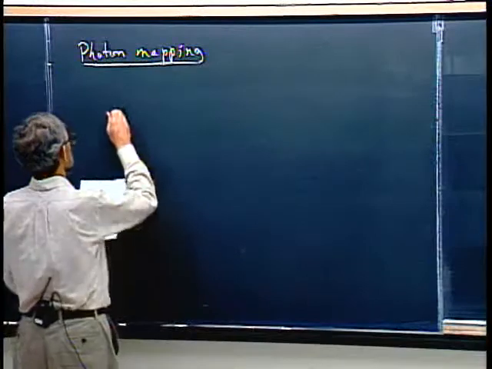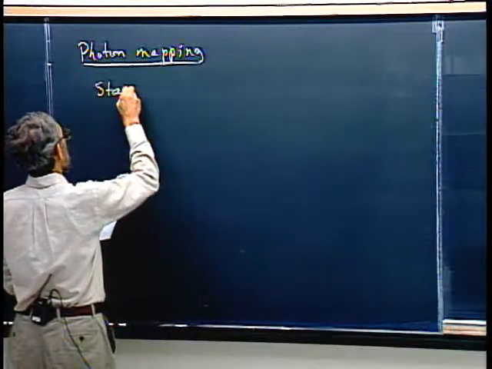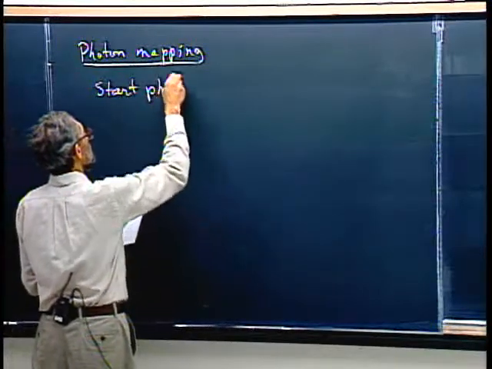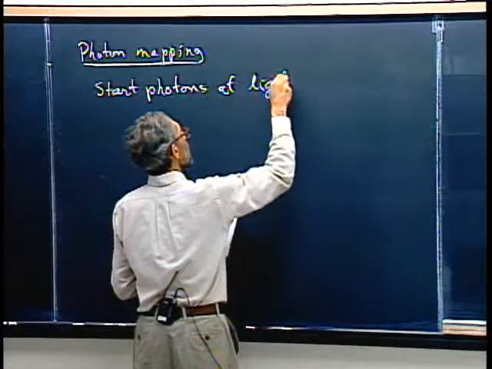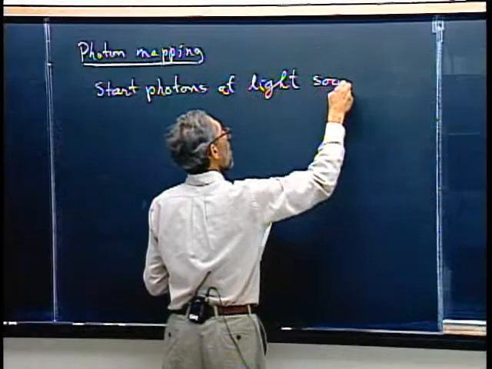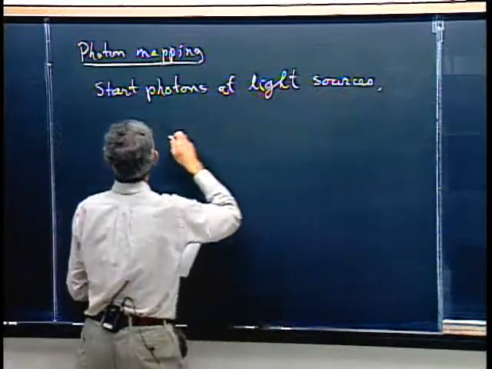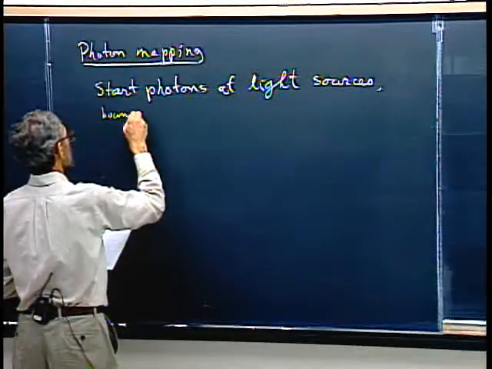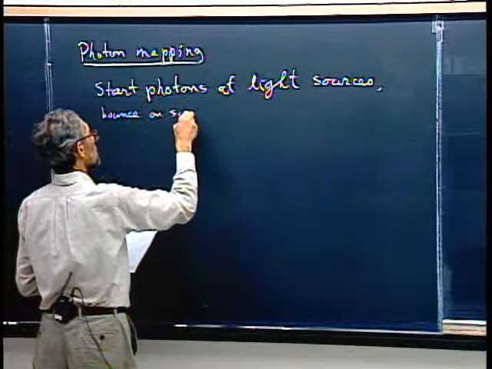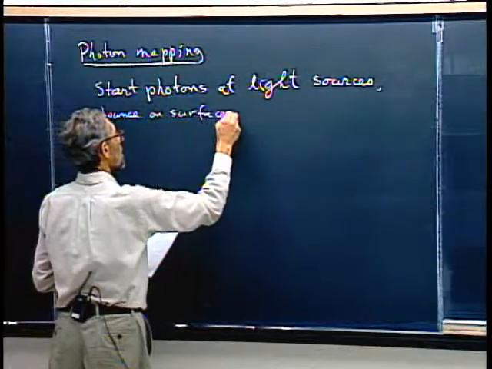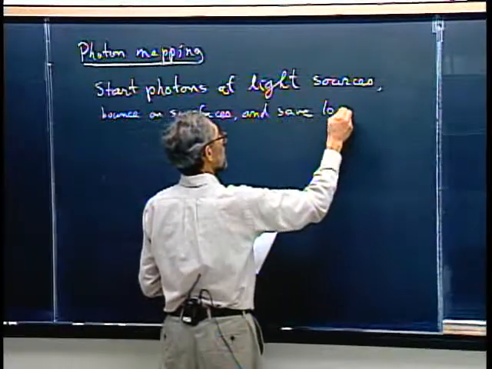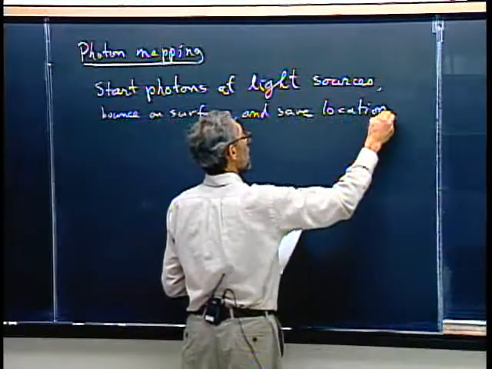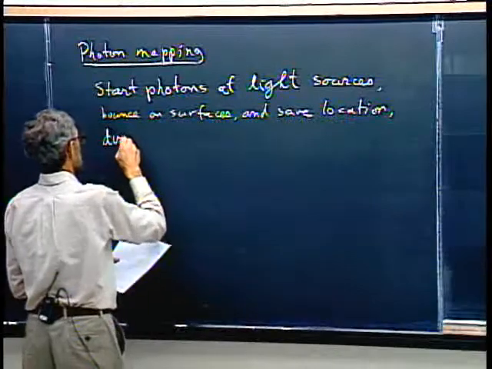So, start photons at the light sources. They bounce on surfaces and save location, direction.